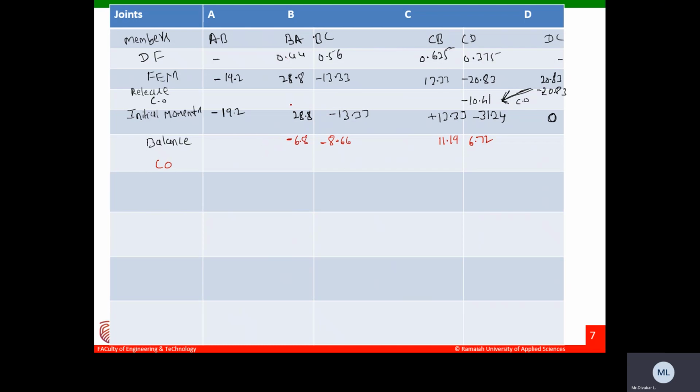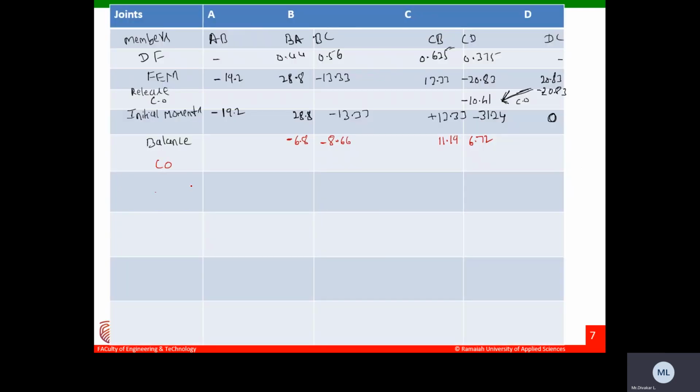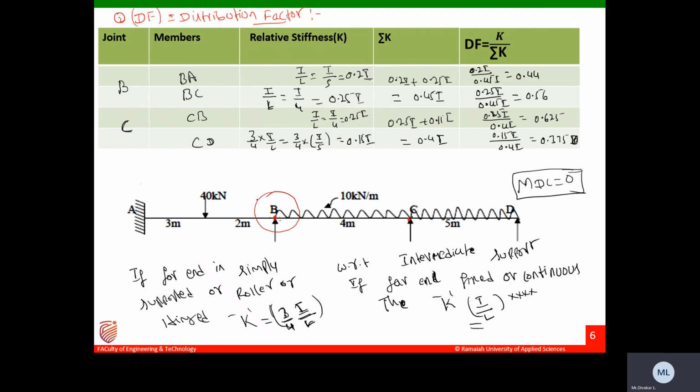So let us say with respect to B, we can check here. A is fixed, which means I can carry over half of the movement, 0.5 times the movement, to the support A. Similarly, with respect to B, C is continuous, so I have to carry over 0.5 of the movement to the adjacent support.